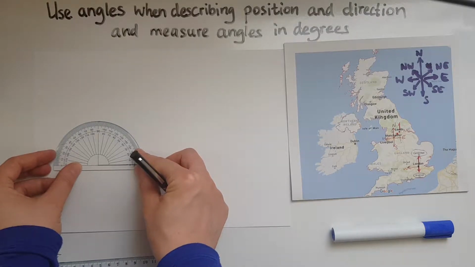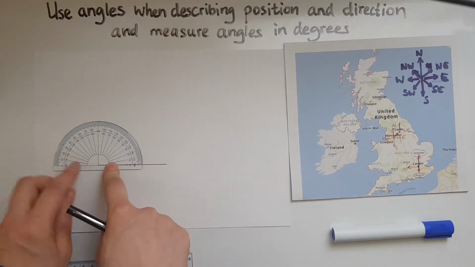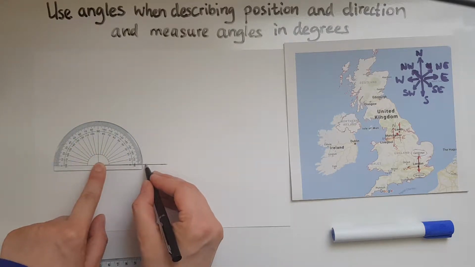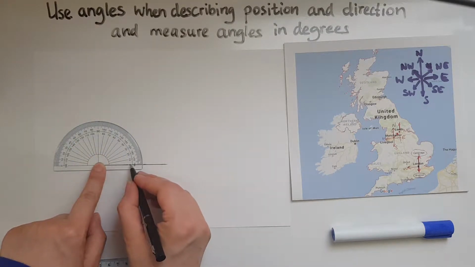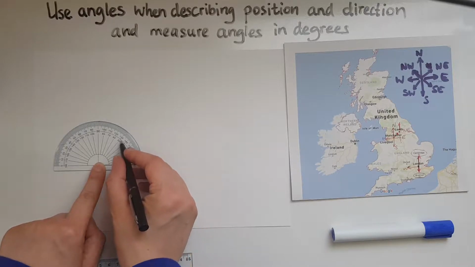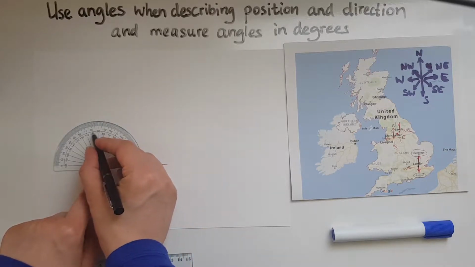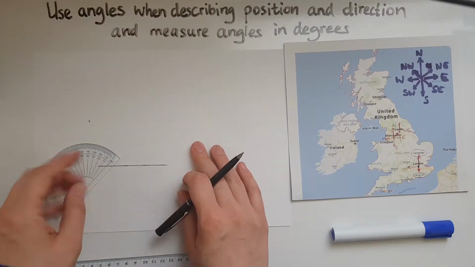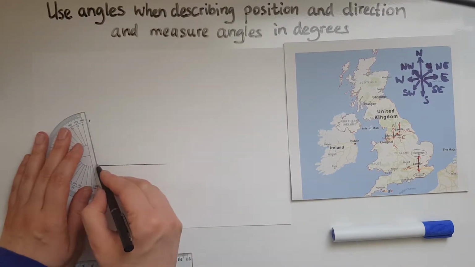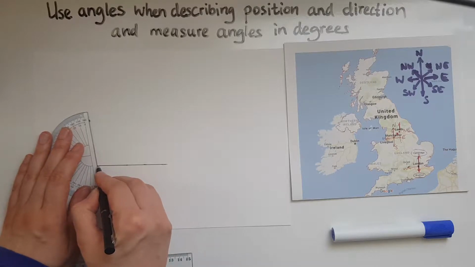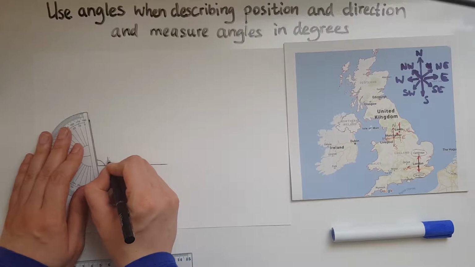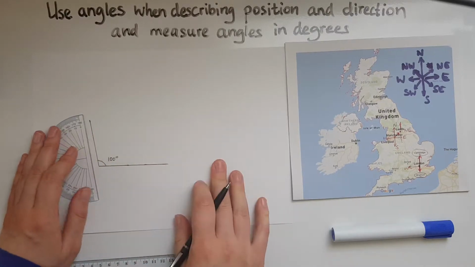Now I want to draw my angle here, so I'll go from the line, 0, 10, 20, up to 90, and we're going to 100, so that point is right here. I connect these two points together, so this angle now is 100 degrees.